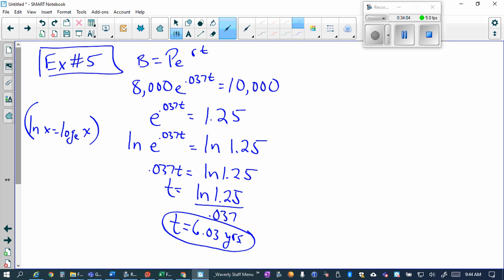How long would it take example 5 to double? In other words, go from 8,000 to what? 16,000, right.